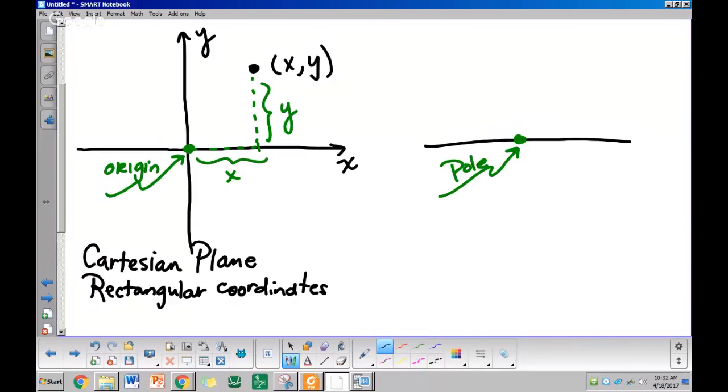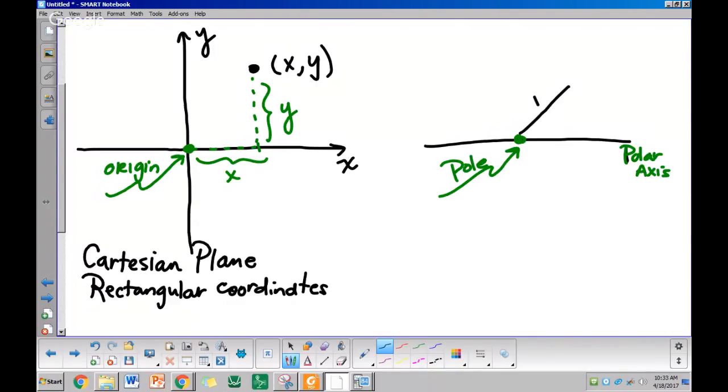And this is something called the polar axis. There is no y-axis in polar coordinates. So we're going to go from the pole northeast for a mile.